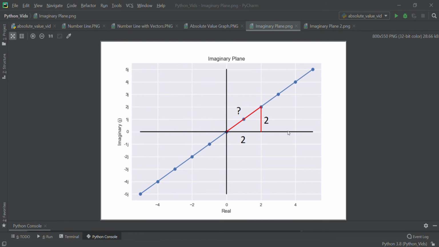So if we have a positive 4 on the x-axis, how far away is that from 0? It's 4 away from 0. We have our absolute value. It's the magnitude of this line segment, which is 1, 2, 3, 4 away from 0. And the same thing with negative 4. It's going to be, as discussed, 1, 2, 3, 4 away.